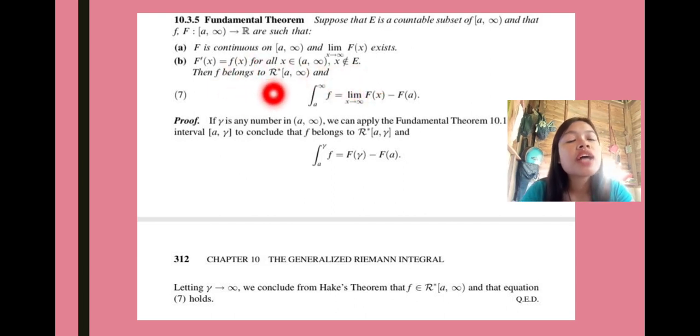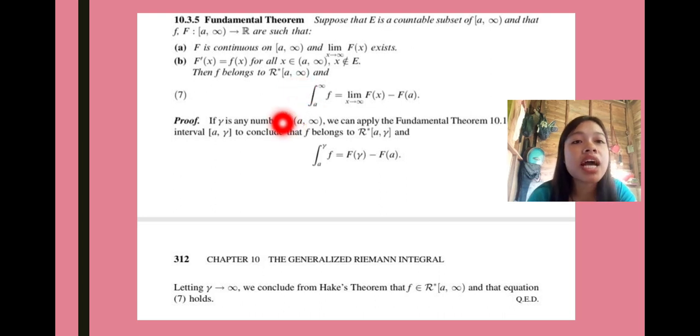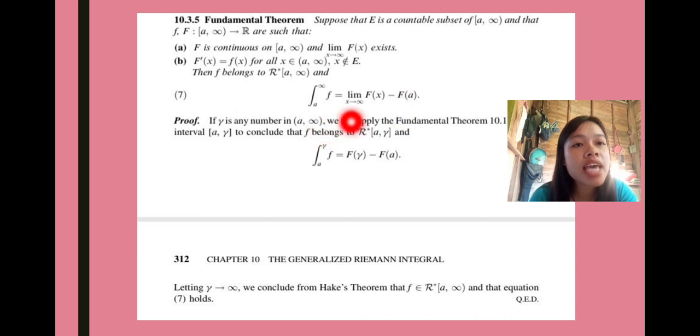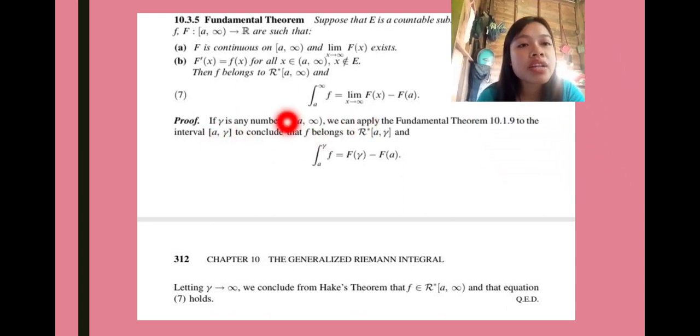Then f belongs to R[A, ∞), and the integral from A to infinity of f equals the limit of f(x) minus f(A) as x approaches positive infinity. Proof: if y is any number in the interval [A, ∞), we can apply the fundamental theorem 10.1.9 to the interval [A, y] to conclude that the function f belongs to R[A, y], and the integral from A to y of f equals f(y) minus f(A).